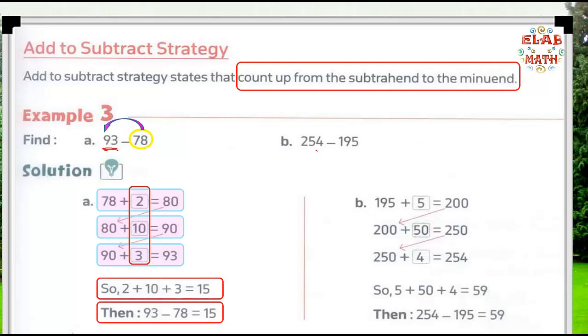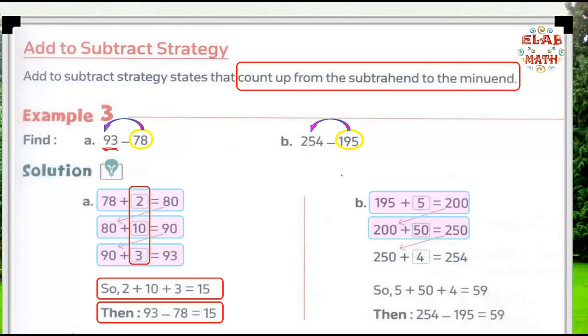Next one, 254 minus 195. We said take the subtrahend and count up to reach the minuend. We have 195. What do we need to make 200? We need 5, so add 5 to the subtrahend. Next, 200 plus what to be 254? Put your eyes here all the time.